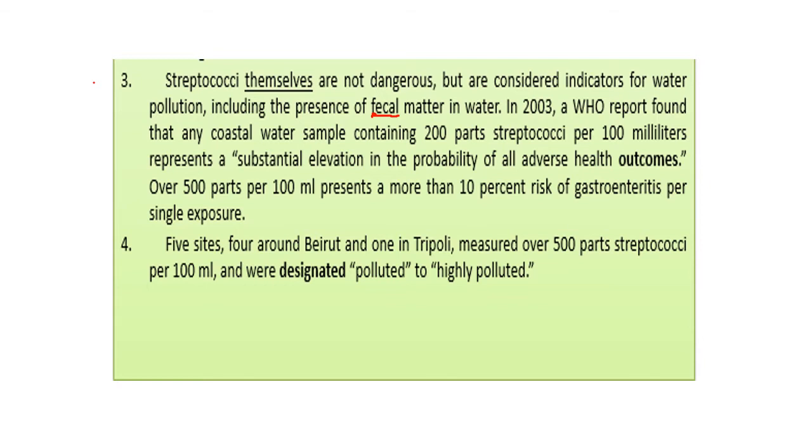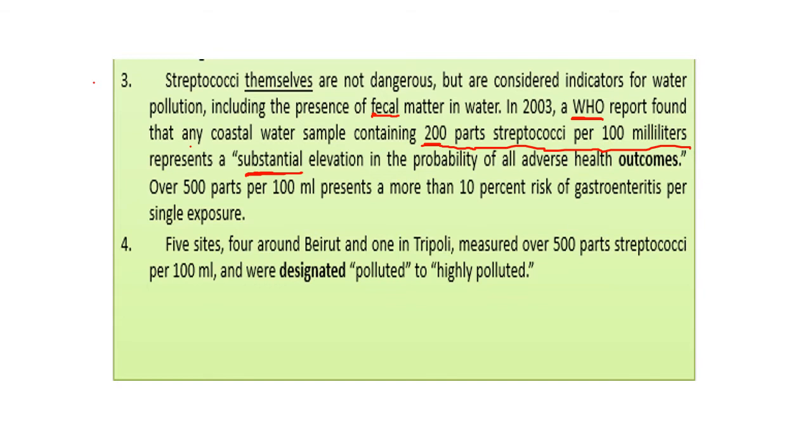In 2003, a WHO report, WHO of course is an acronym for World Health Organization, found that any coastal water sample containing 200 parts Streptococci per 100 milliliters represents a substantial, important, or large elevation in the probability of all adverse health outcomes. Outcomes are results, of course.